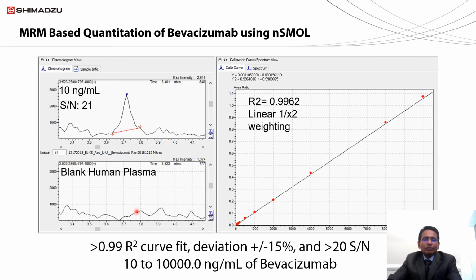After the analysis from 10 nanogram per ml to 10,000 nanogram per ml, you can see that a calibration curve was obtained with an R-square value of 0.99, and the signal to noise ratio of the lowest peak was greater than 20. So this is a very good quantitation and calibration curve obtained using this protocol.